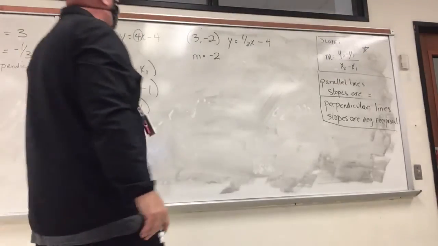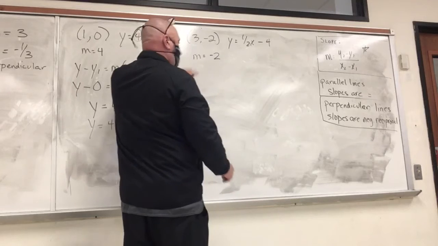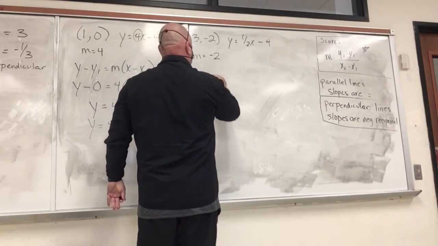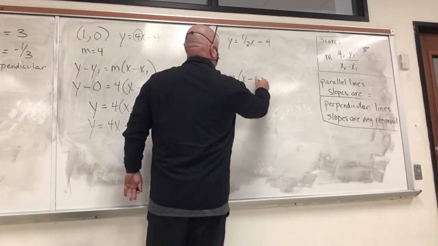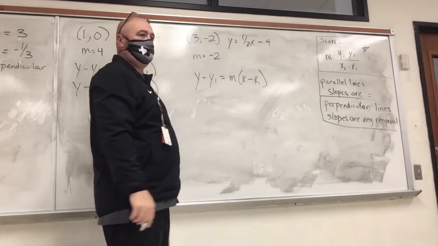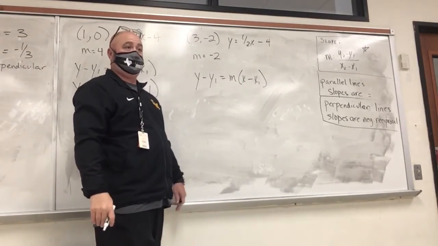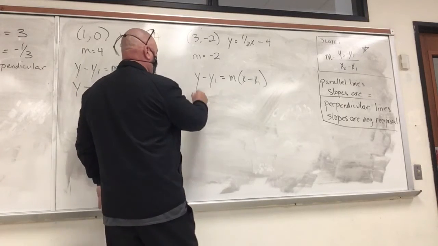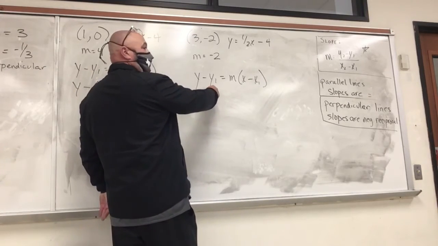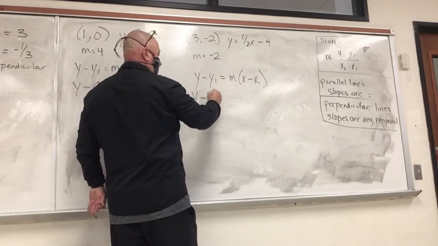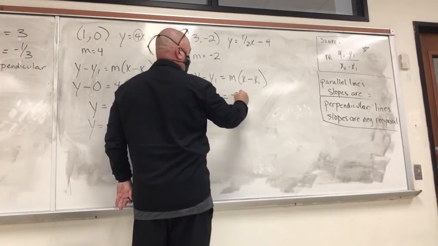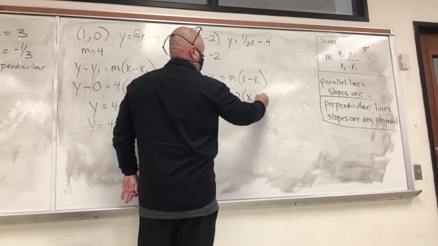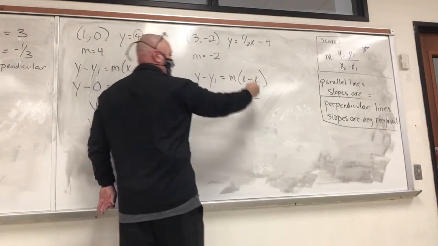So, I'm gonna take this information that I have, and I'm gonna plug it now into this. Here we go. y minus, what's y1? -2 equals m, which is -2, times x minus 3.